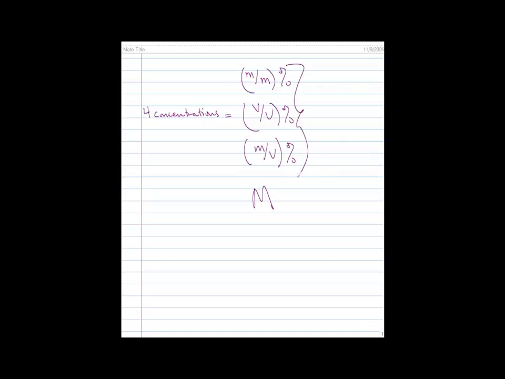These all involve multiplying your solute over solution times 100. Molarity does not. Molarity is just moles of solute over liters of solution. So you don't multiply molarity times 100.